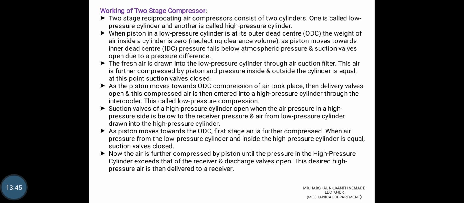As the piston moves toward the ODC, the first stage air is further compressed until the pressure equals that of the low pressure cylinder and the suction valve closes. The air is further compressed until the pressure in the high pressure cylinder exceeds the receiver pressure and the discharge valve opens. The desired high pressure air is delivered to the reservoir.